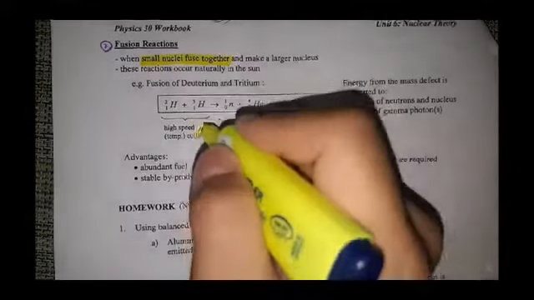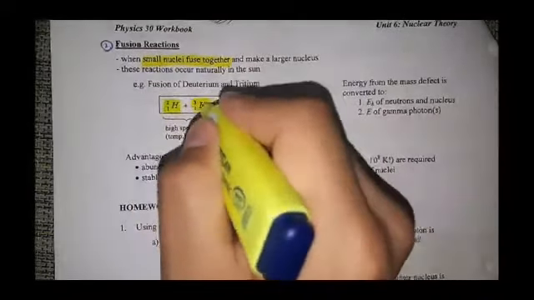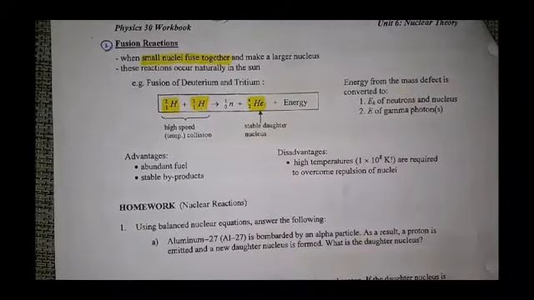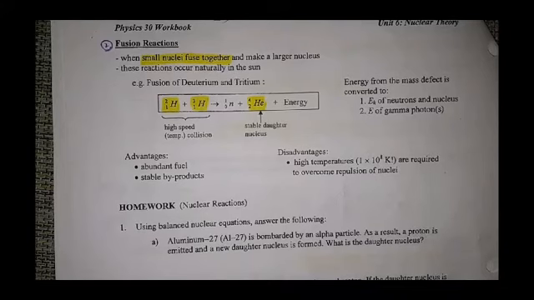So that is an example. However, this is almost impossible to do without thorough preparation because of 2 things. Number 1, you require a huge amount of energy, and number 2, such an enormous heat energy comes out from this process.